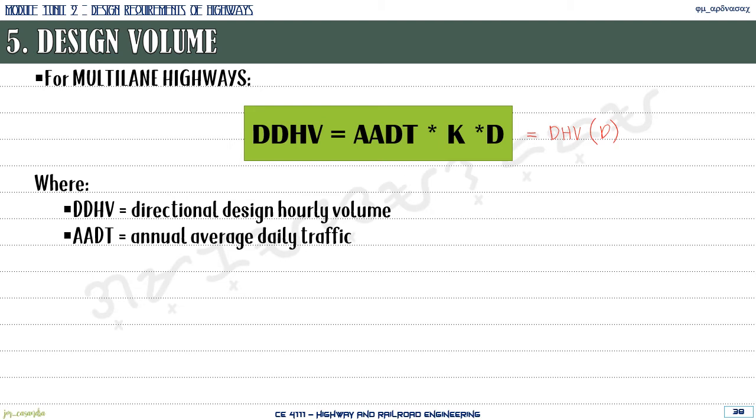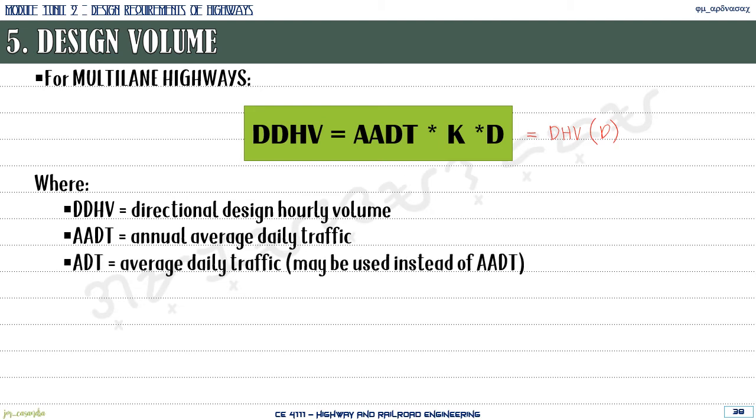And then we have your AADT as we have defined earlier. And then we have the ADT or your average daily traffic, which can be used instead of the AADT.